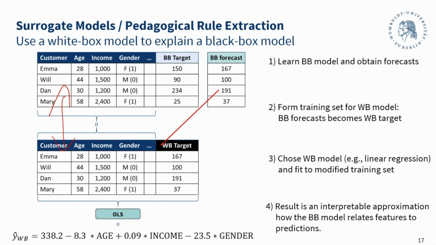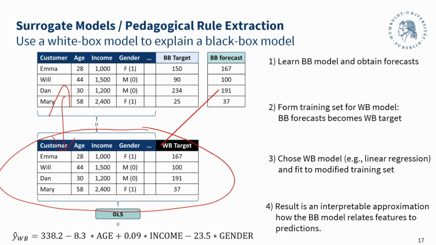And as fake target, we use the prediction of our black box model. The prediction of the black box model becomes the target variable of our white box model. And then we fit a white box model to this data, and here use any you like, use linear regression, use a shallow tree, whatever you like better, it doesn't matter. Some white box model. But the important thing is you fit it to this data set.